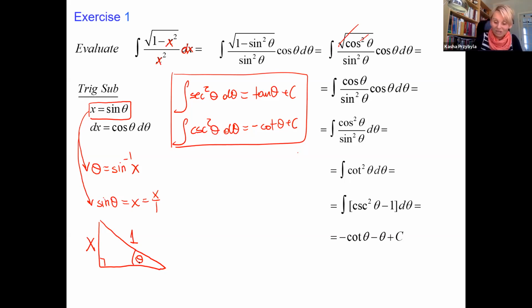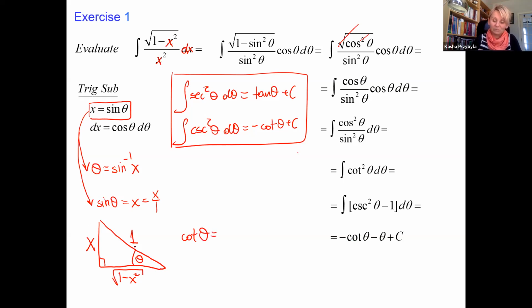Now, if this is x and this is 1, can we compute the third side, the adjacent, from the Pythagorean theorem? Yes, x squared plus this squared equals 1 squared, so it is the square root of 1 minus x squared. Excellent. Having the full triangle, I believe we can read cotangent. Who can tell me what is cotangent theta?